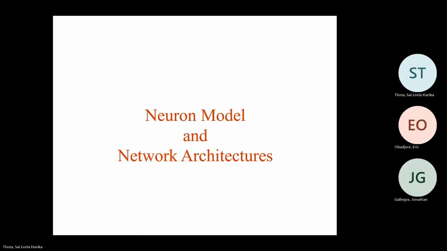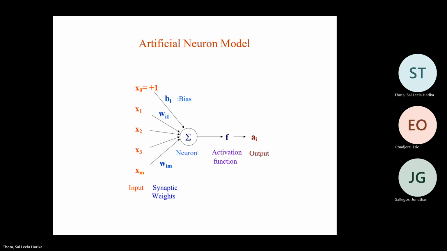So, neural model and network architecture. This is how a simple artificial neural network is given. These are the inputs, X1, X2, X3, and so on, that we basically give to the model.